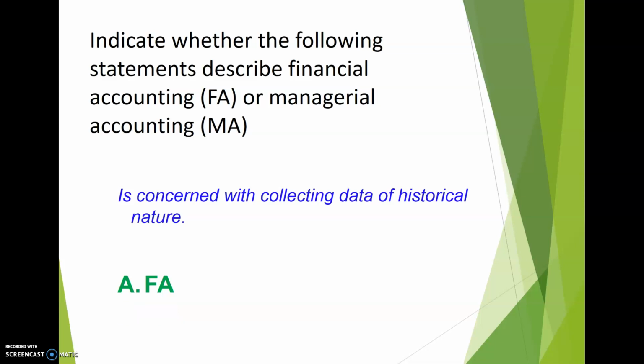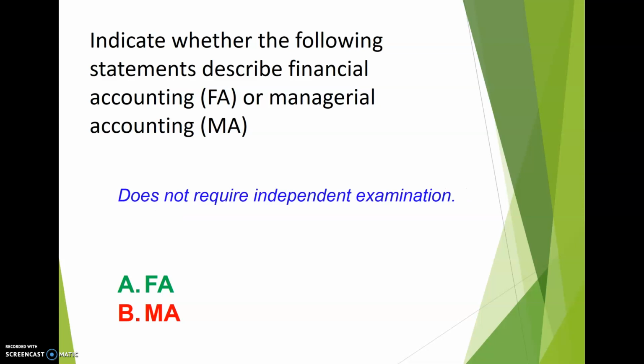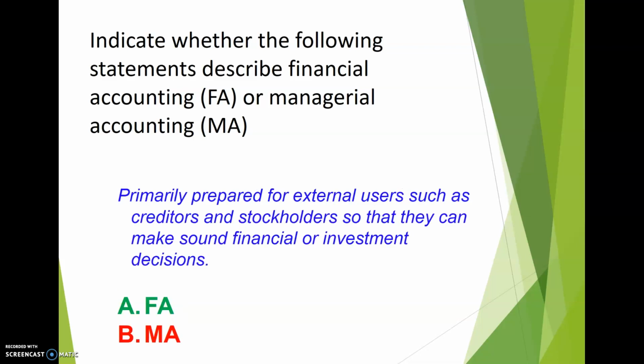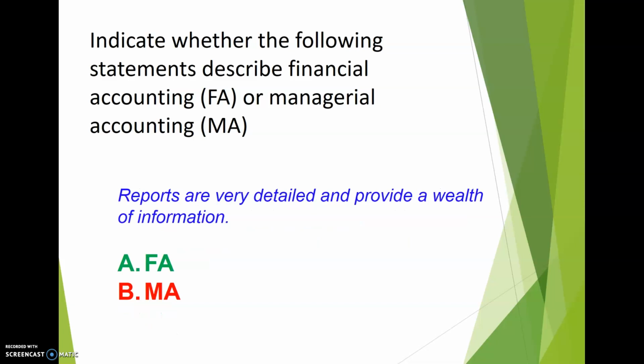That's financial accounting. Which one does not require independent examination? It doesn't require an audit. Managerial accounting. Which one is primarily prepared for external users, such as creditors and stockholders, so they can make sound financial or investment decisions? That's what financial accounting does. Which one has reports that are very detailed and provide a wealth of information?